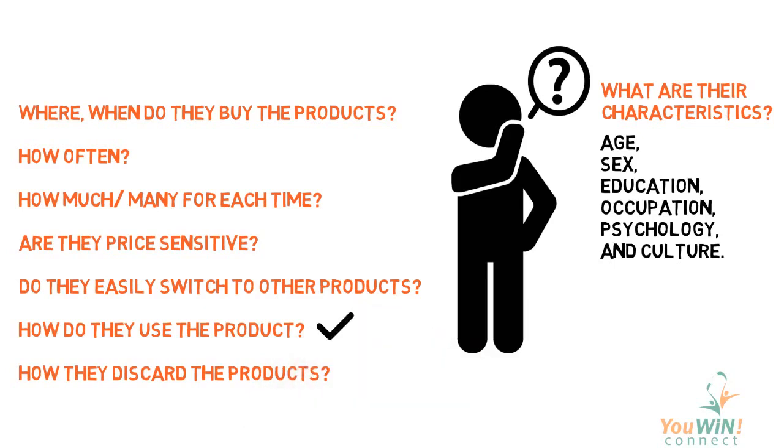The question of how they use the product is extremely important, because we might make the product for something and then the customer uses the product for something else. There are several examples of this.